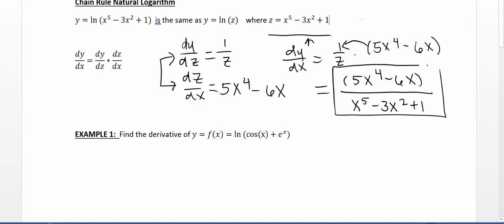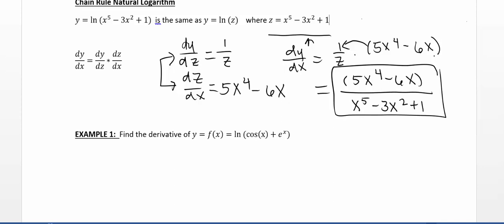So the derivative of the original function, the natural log of x to the fifth minus 3x squared plus 1, is going to be 5x to the fourth minus 6x divided by x to the fifth minus 3x squared plus 1.